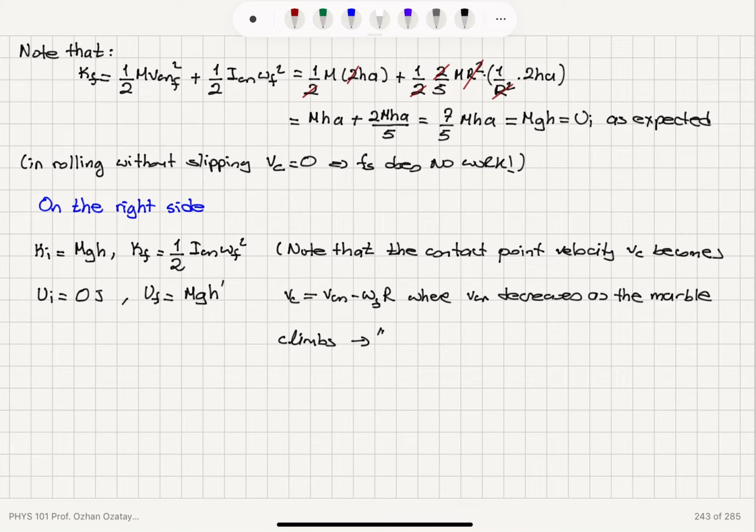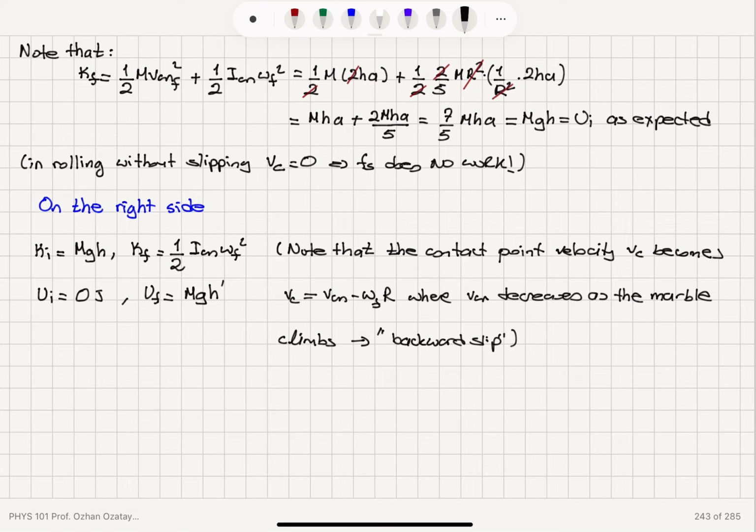V center of mass is decreasing, so it's going to be a negative contact velocity, which is called a backward slip. So it's going to be a backward slip in this case.